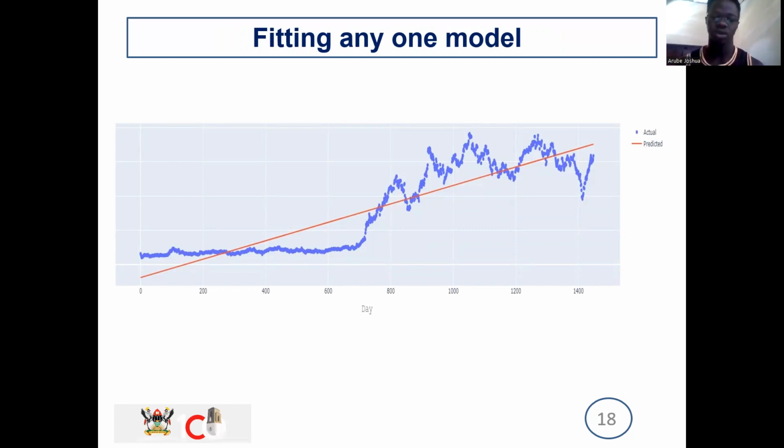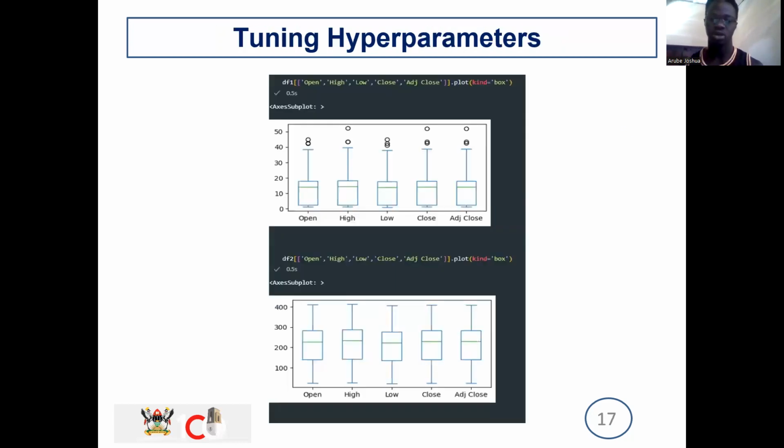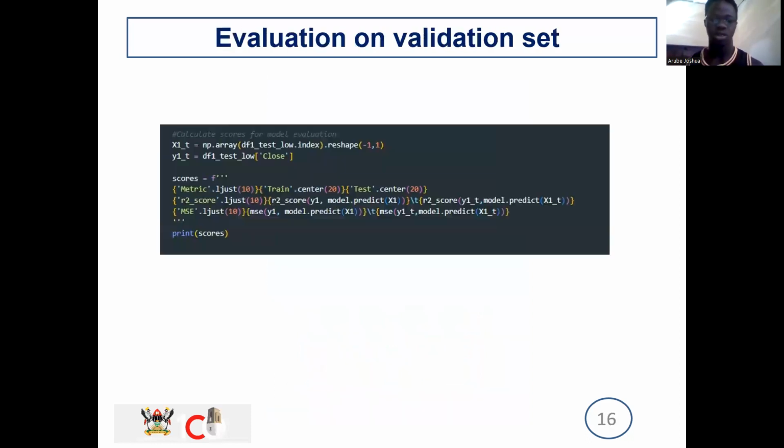To find the mean squared error, it's finding the distance from that red line to the actual value. So you're getting the error between the predicted and the actual value. That is how we get the mean squared error, and that is what we used for our evaluation metrics.